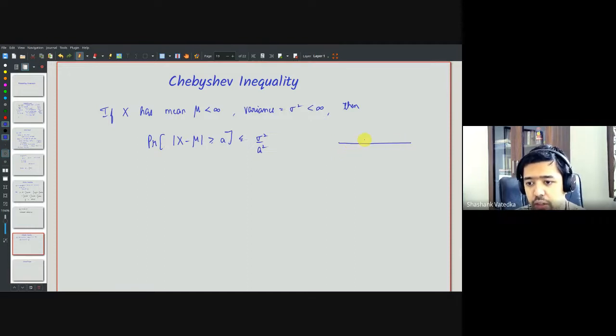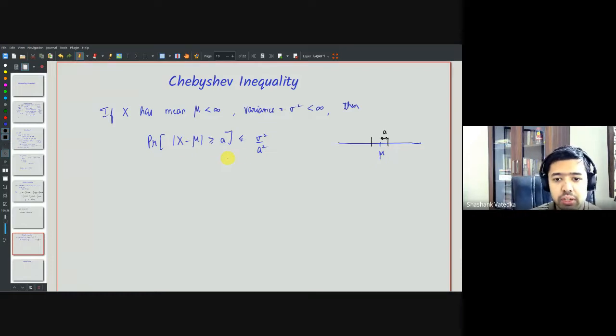If you look at a plot, X can be any real number between minus infinity and plus infinity. Look at a particular distance a. What is the probability that X lies in the interval mu minus a to mu plus a? The Chebyshev inequality says it's at most sigma square divided by a square.